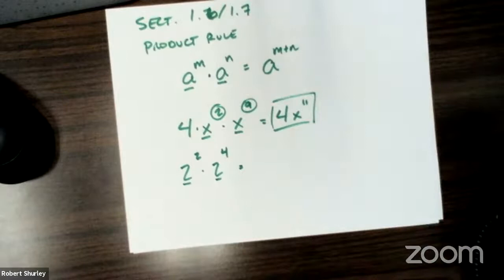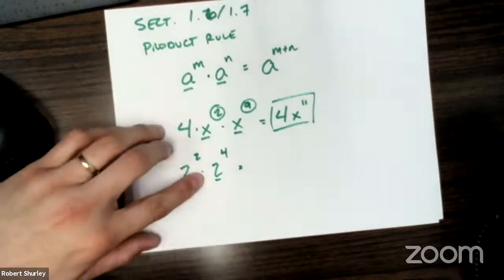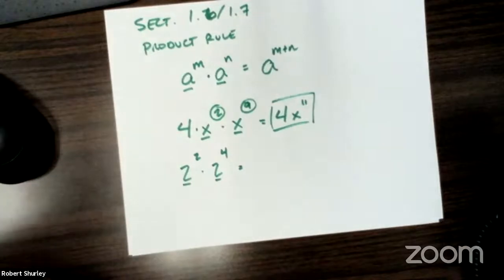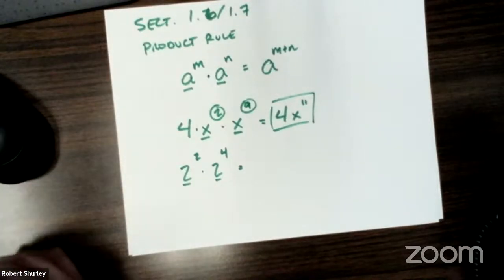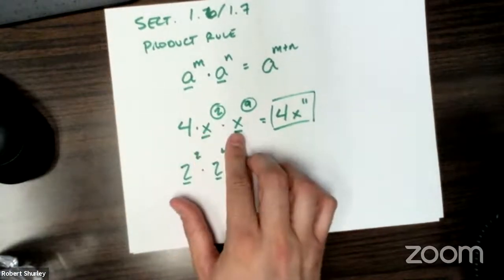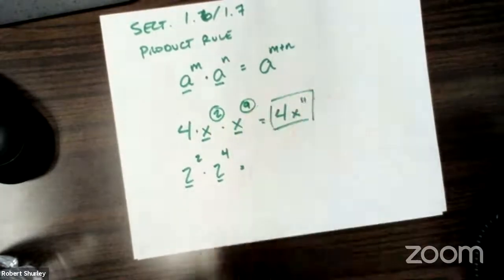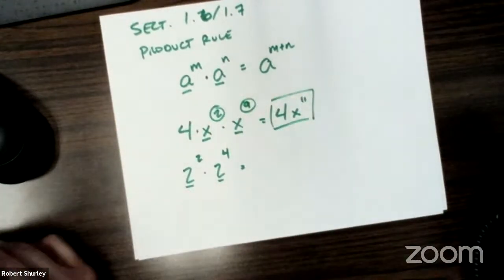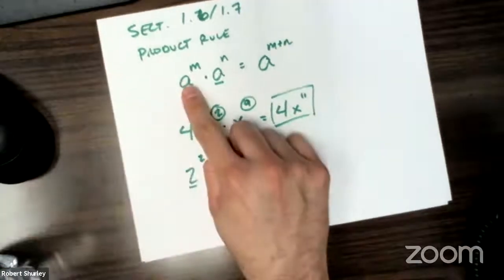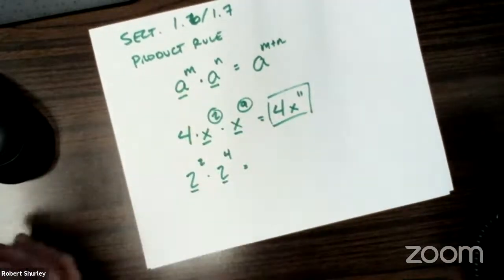We have great pattern recognition skills actually as humans, but our eyeballs see the 2 and the multiplication sign and the 2, and we think we need to multiply it. But we don't. Just like up here, we didn't multiply the x and the x together, right? We kept the x and we added the exponents. We're going to do the same thing if our base in our exponential term is a number as well.